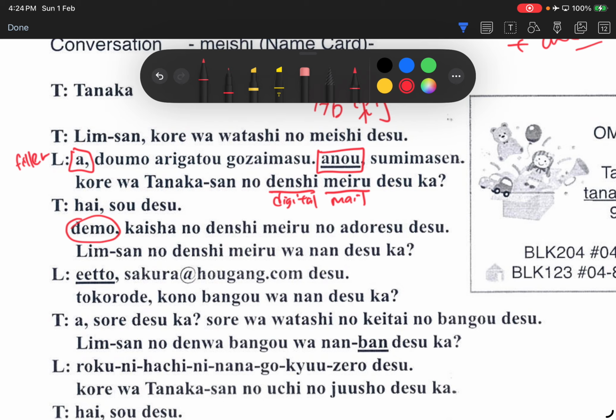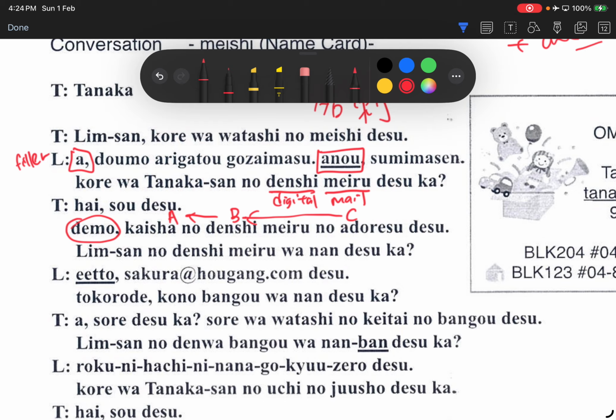Okay, so basically you see how many "no" they use? 1 no, 2 no. So we can use it multiple times, same as Chinese, right? So how do we know what is the relationship here? Let me just represent this as A, B, C. So C is related to B, B is related to A. So address is related to email, email is related to company.